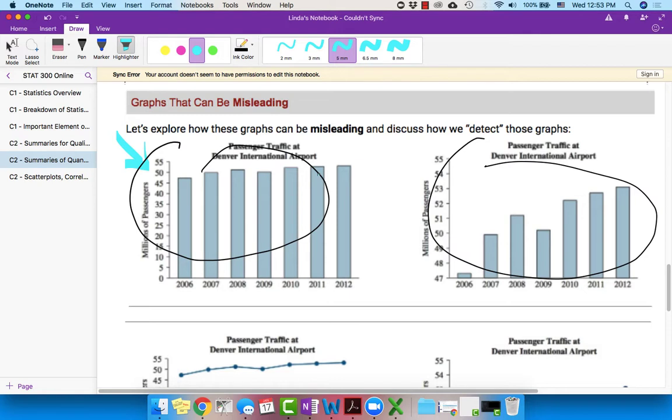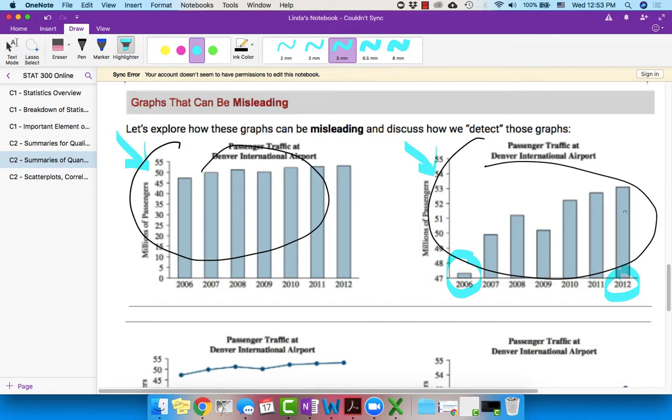So it's really not telling you anything when comparing between the years. On the graph to the right, which is this one right here, you see that the year 2006 generates a very small number of passengers as compared to the year 2012, with a significant difference in number of passengers.